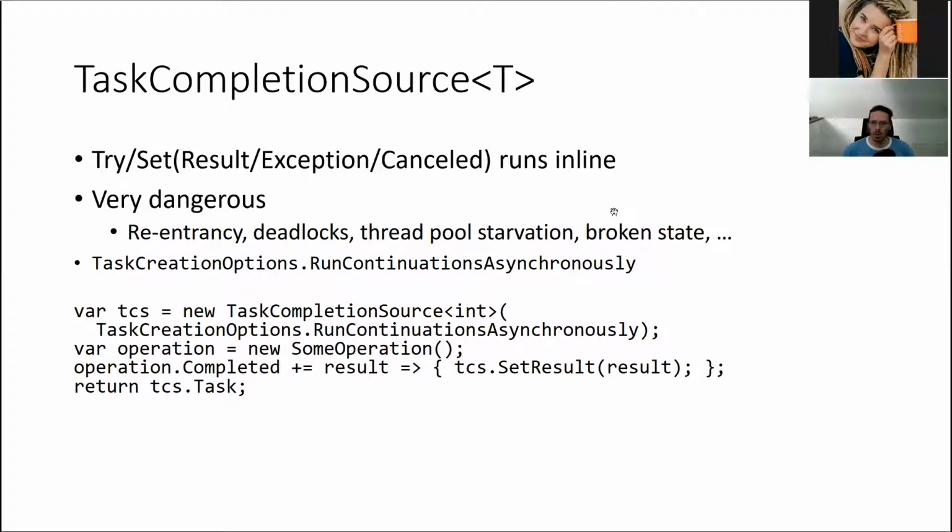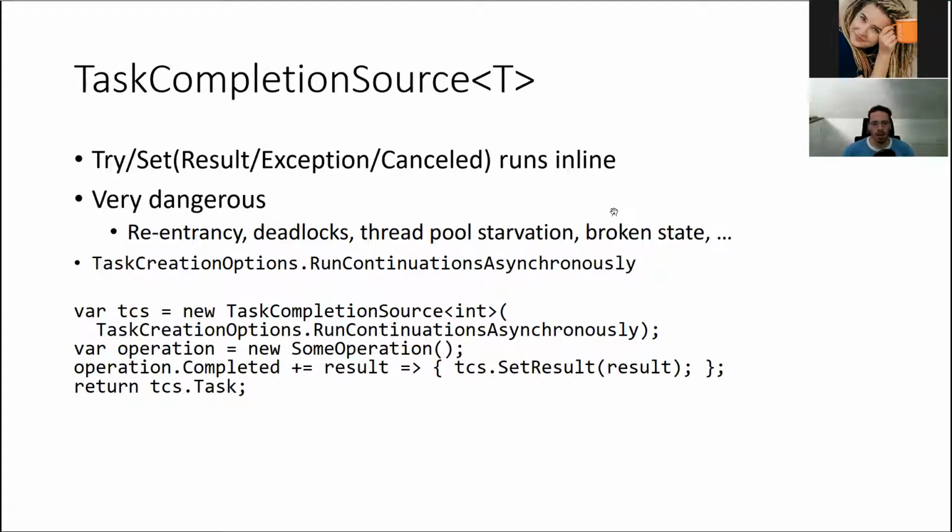If you are using the TaskCompletionSource, and I'm not going to dig too much into it, basically if you want to create your own asynchronous operations from other types of asynchronous methods, then you will probably use the TaskCompletionSource. That's the building block for all the asynchronous operations you want to create manually.